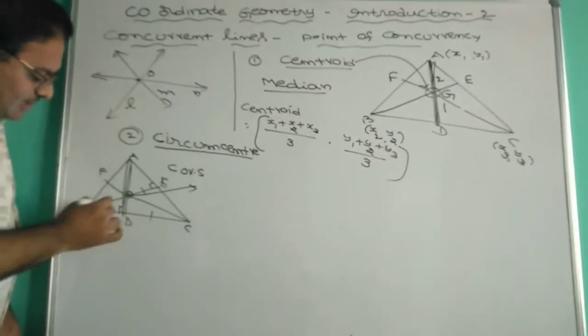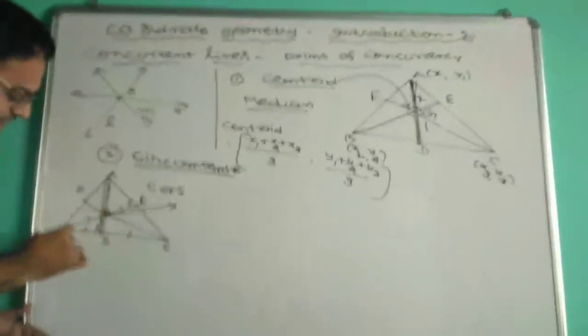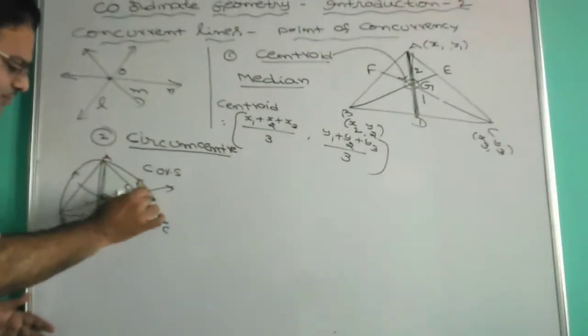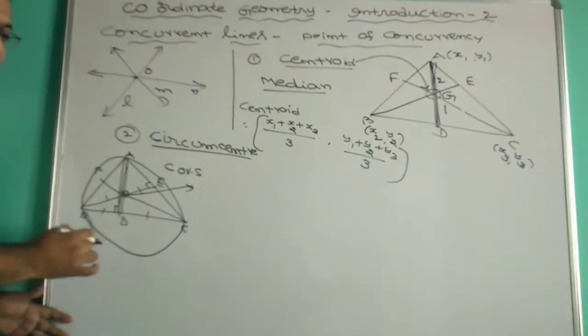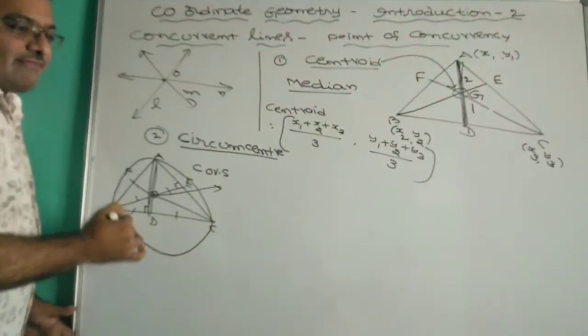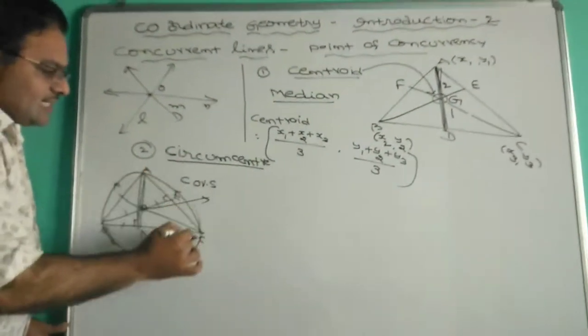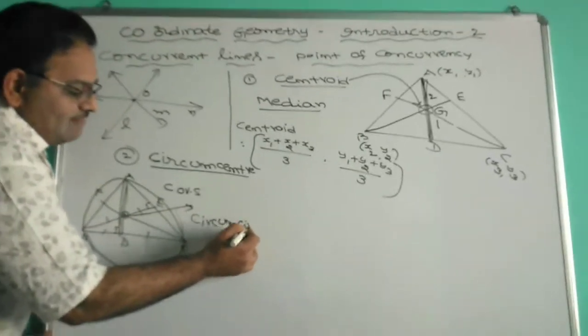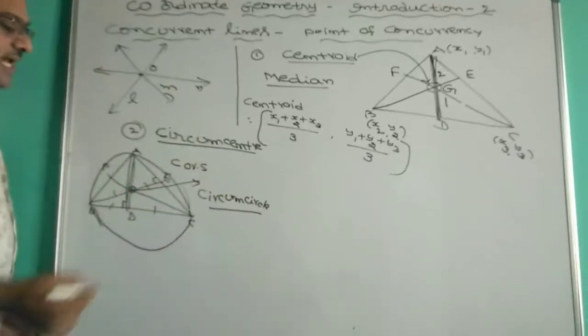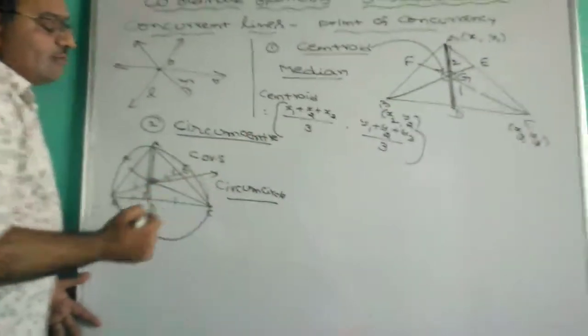Now suppose you take this point as the center and draw a circle, that circle passes through the vertices of the triangle. Then the circle is called the circumcircle. How do we find the circumcenter?